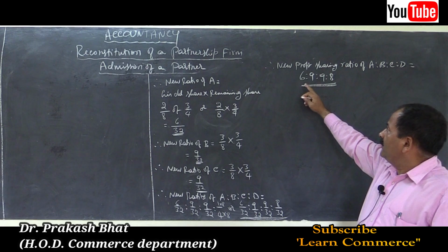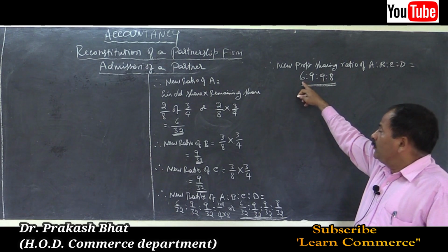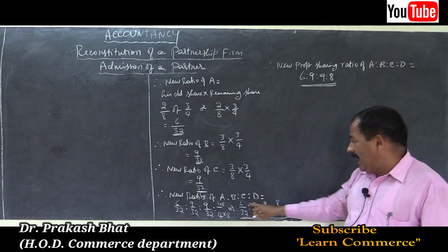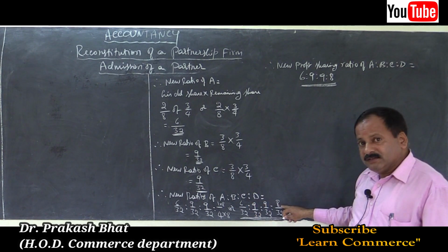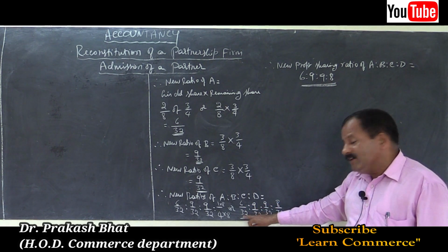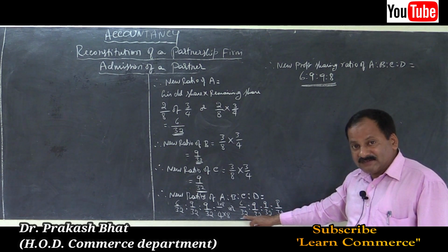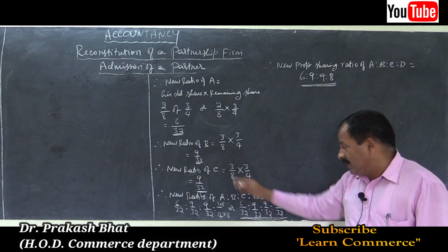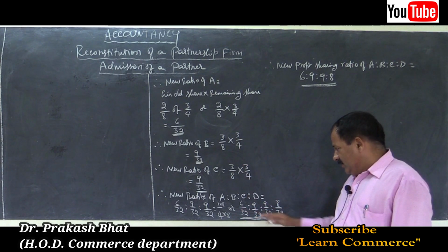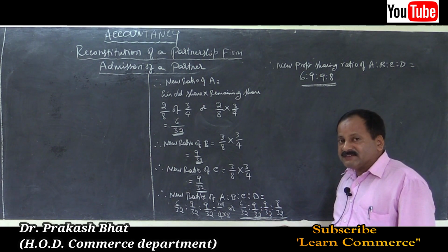Now remember, when you get the ratio of all the partners, you just add all these numerators together and see whether it agrees with the denominator or not. Sometimes students will make some mistake and ultimately get a ratio, and they will not check whether it is correct or not.